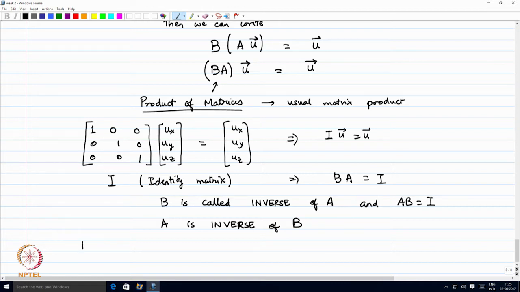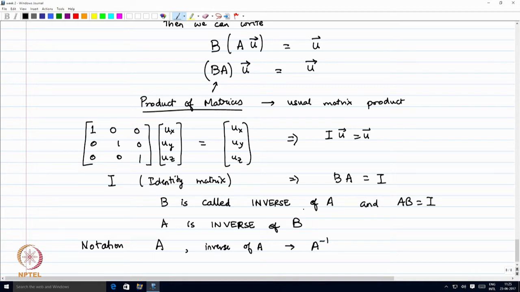In general notation, if you have a matrix A, then the inverse of A is denoted as A inverse.